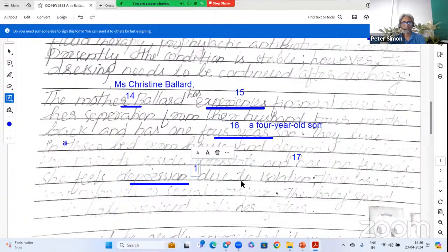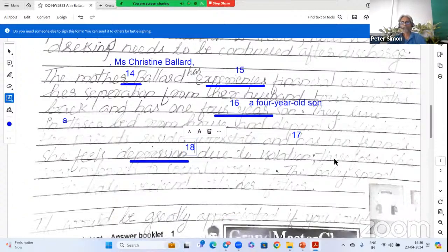18. She feels depressed. 19. Due to isolation.